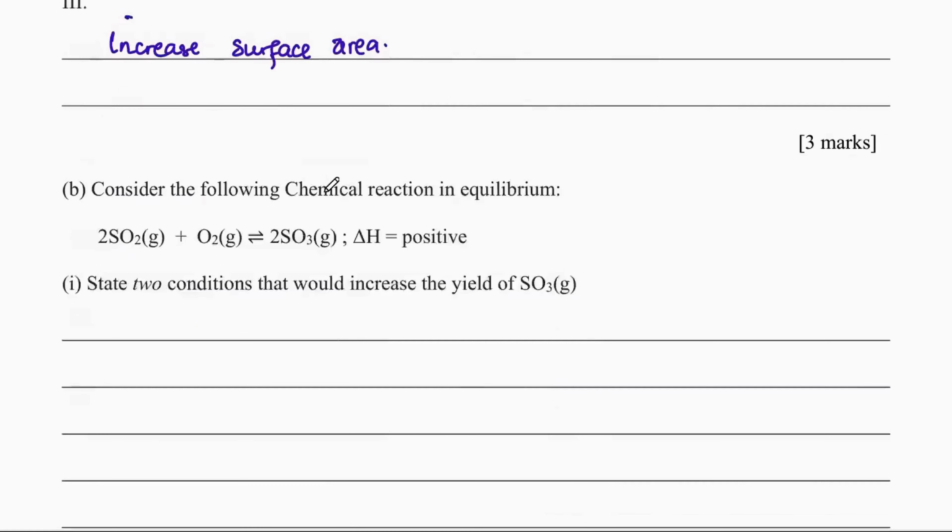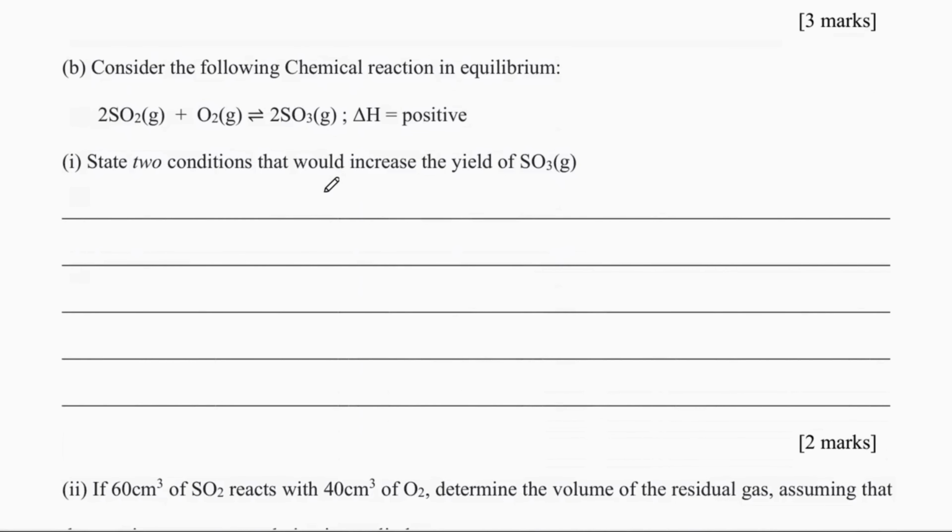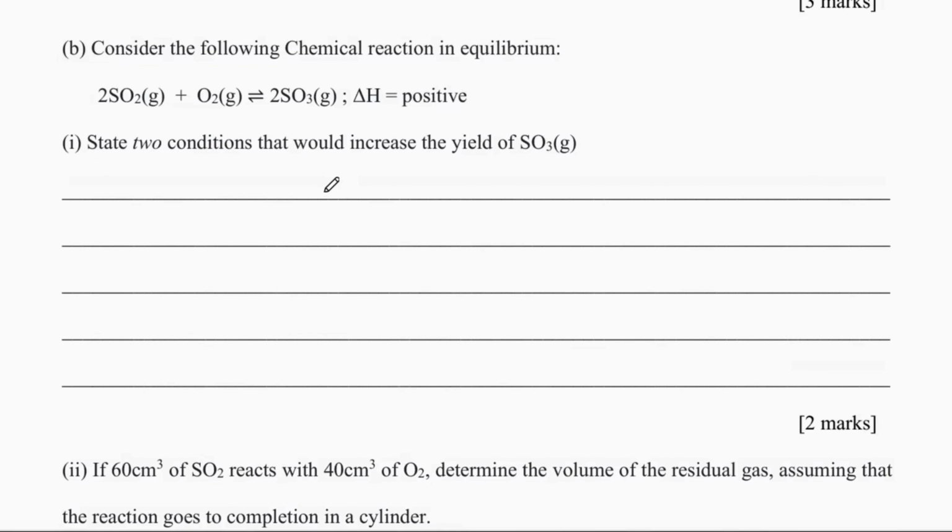Okay, now the next question said, consider the following chemical reaction in equilibrium. State two conditions that would increase the yield of SO3. Now for this reaction, first off, the forward reaction is endothermic because the heat change is positive. That tells you that moving from the reactant to the product, if it is endothermic, it requires high temperature for us to yield SO3.